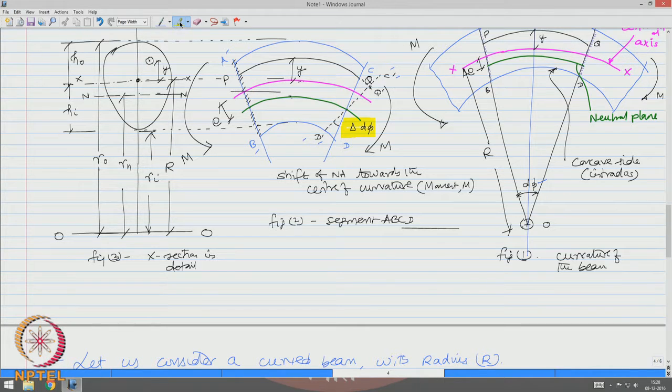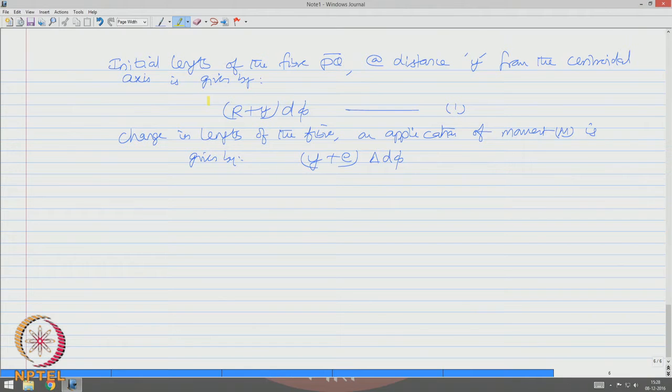So, you know it is (y plus e) delta d phi, equation 2, where e is the distance of the neutral axis measured from the centroidal axis.